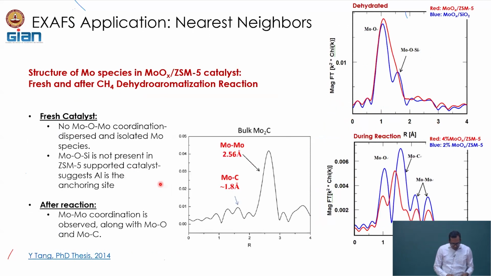This is the same moly on ZSM5 for the methane dehydroaromatization, but now we are looking at the EXAFS part of that thing for the freshly calcined catalyst, which is fully oxidized moly phases present and after the reaction, and we have the bulk moly carbide species present, where we have the moly species and the moly carbon species, but for our sample we have moly oxygen present, and we have moly oxygen silicon present, but we do not see any moly coordination or moly oxygen moly coordination.